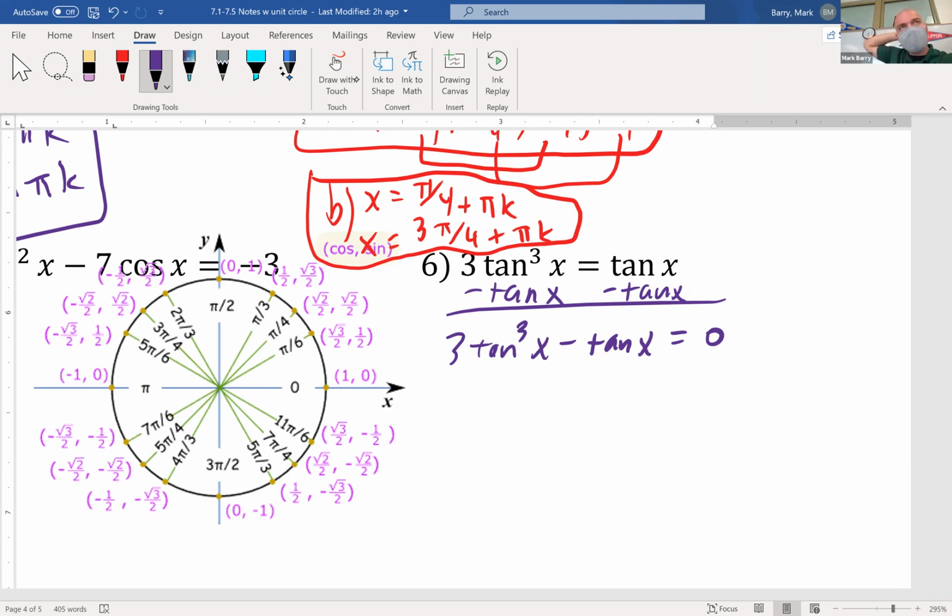All right, and then the next thing I have to do in these problems is factor, okay? So in this case, the only way I can factor is GCF. So what's the common factor between these two terms? It would be tan x.